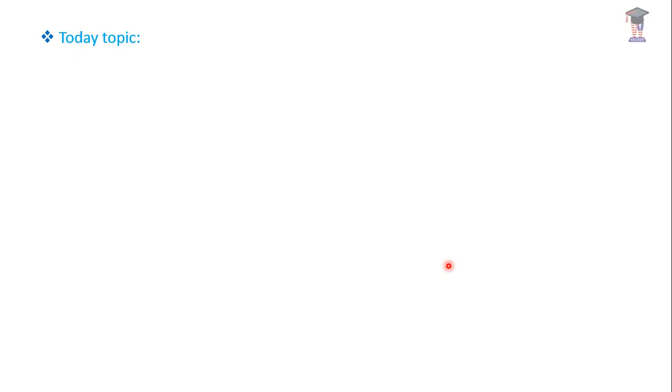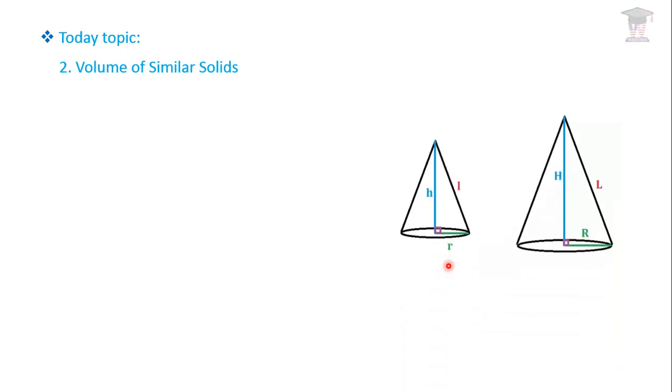Okay, move to our topic today, volume of similar solids. I have two cones here, two similar cones. If you identify, the height is in lowercase in one and capital in the other, and this length is lowercase, and this is capital.